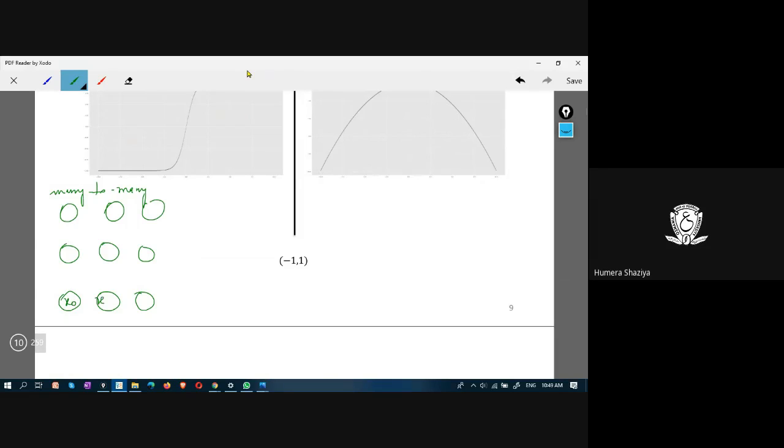X naught, X1, X2, H naught, H1, H2. This is Y naught, Y1, Y2. You have many inputs and there are many outputs. The application of this type is automatic language translation.